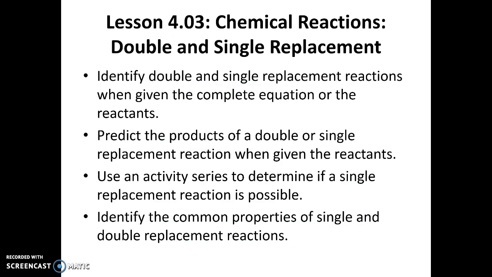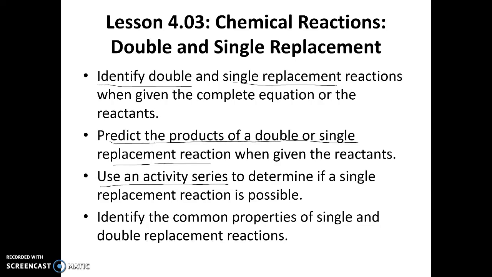Lesson 4.03 deals with the identification and working with double and single replacement reactions. So for this lesson, we want to not just identify, but we'll actually work with these two different types of reactions. We want to be able to predict the products of double and single replacement reactions. And we're also going to be using an activity series.